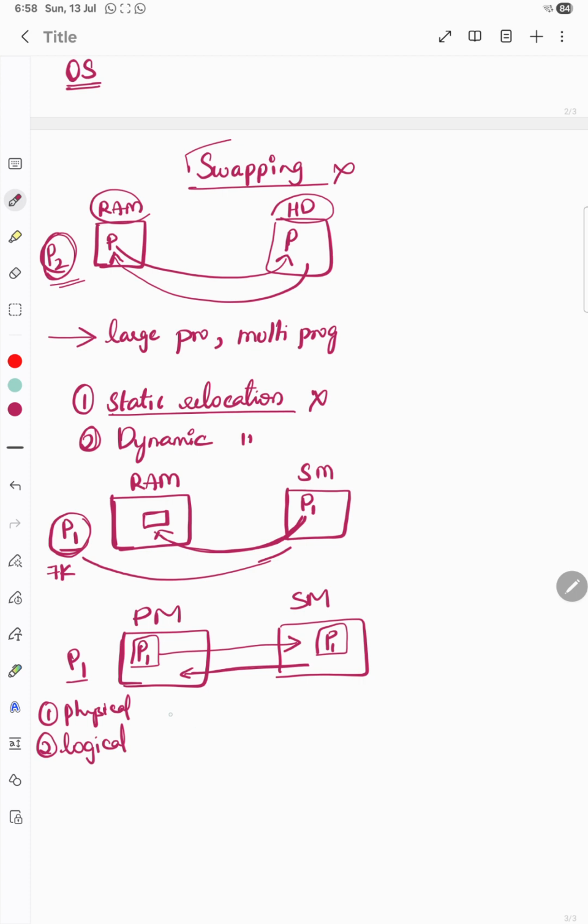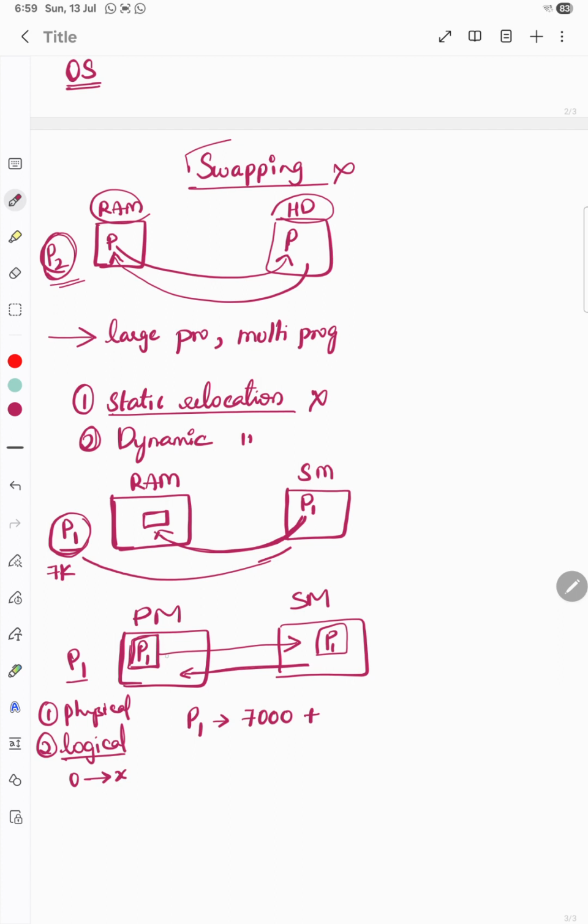In such a case, if we consider the process 1 has a memory, it can be relocated into a different place. How does this happen? Because in primary memory, the base address, suppose the physical address of that particular process is say 7000, and the virtual address, also called the logical address, starts from 0 to a certain extent, some x space.